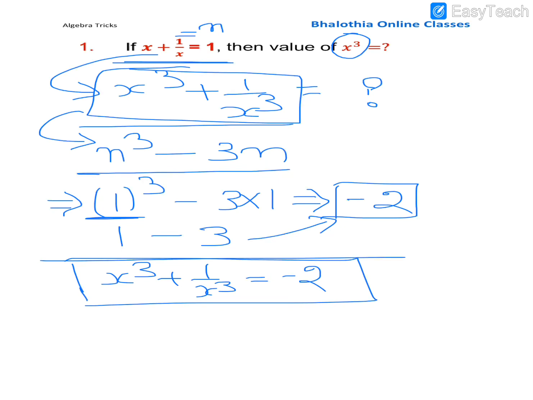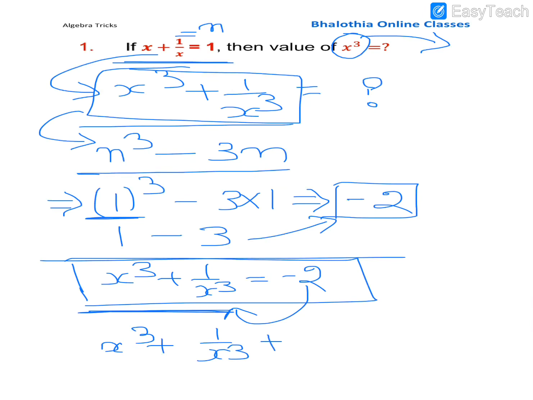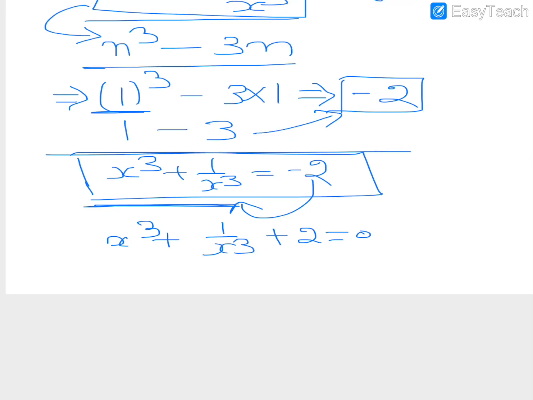Now we have to find the value of x cube, right? So just take the LCM on the left hand side, and bring this 2 to the left hand side as well. So it becomes x cube plus 1 upon x cube plus 2 equal to 0. Now we take the LCM, which will be x cube.